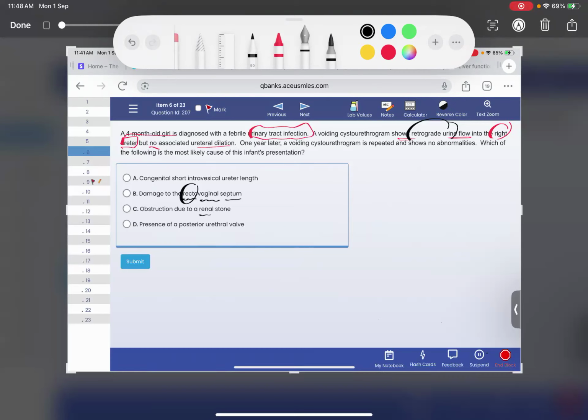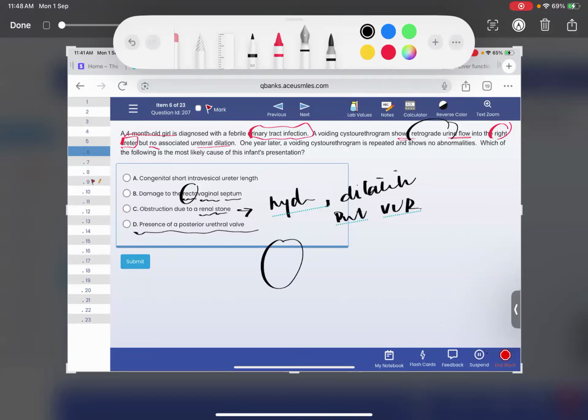Obstruction due to renal stone causes hydronephrosis and dilatation of ureters, but does not cause vesicoureteral reflux. Presence of posterior urethral valves: the urethral valves are present here.